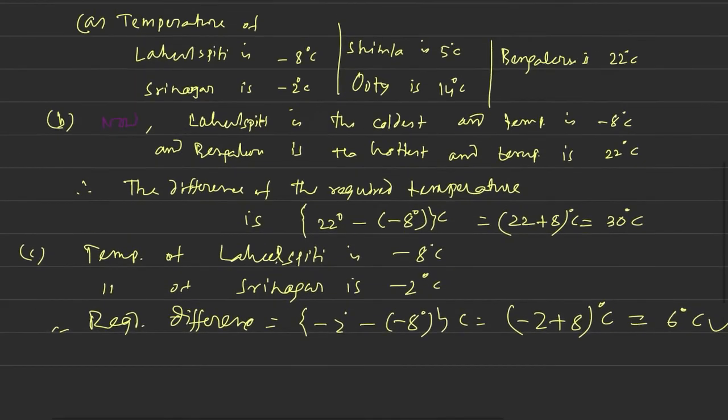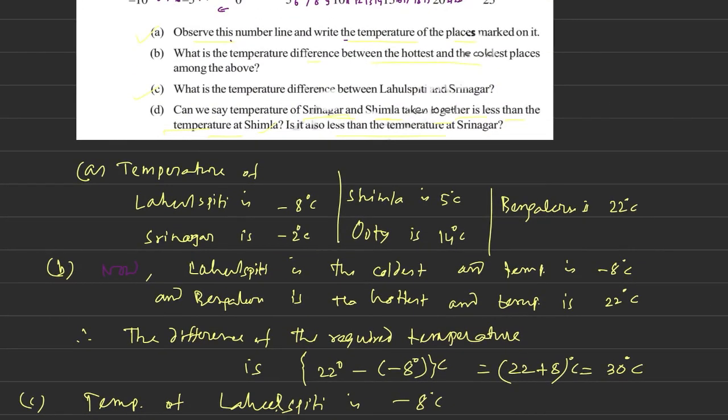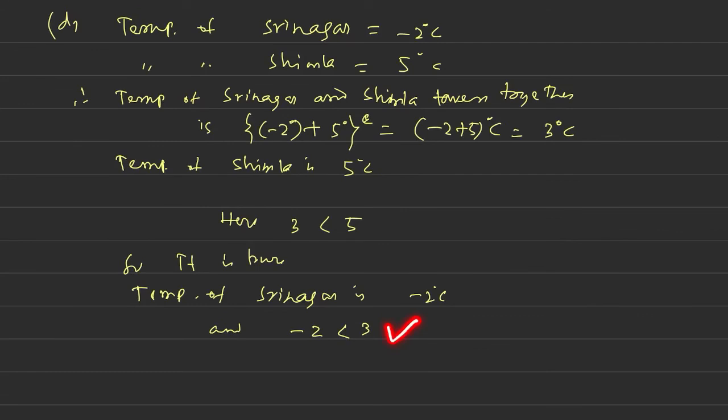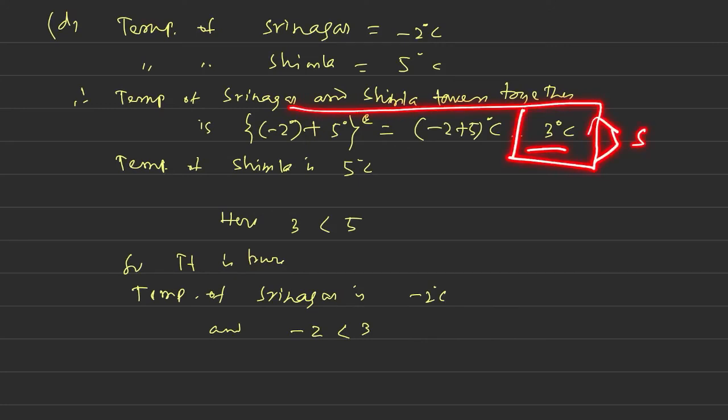Is it also less than the temperature of Srinagar? No, here 3 is greater than minus 2, therefore the temperature of Srinagar and Shimla taken together is greater than the temperature of Srinagar. Okay, this is the answer.